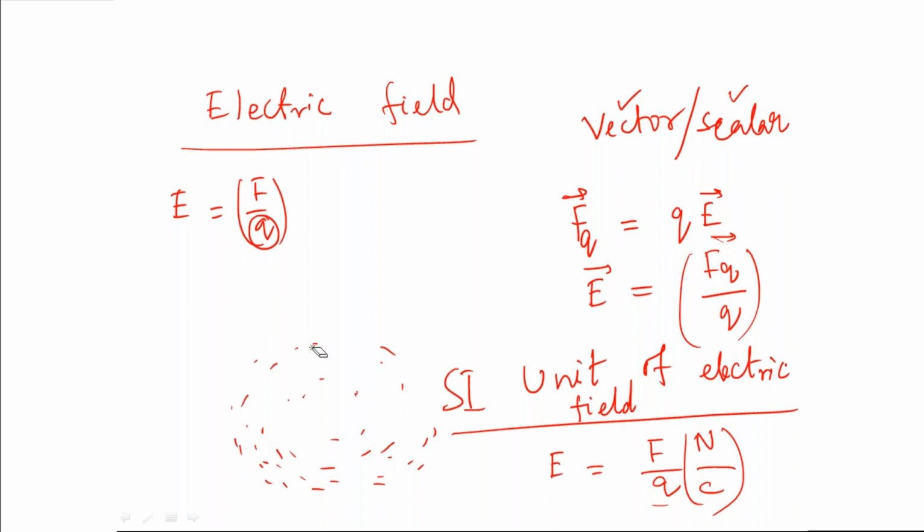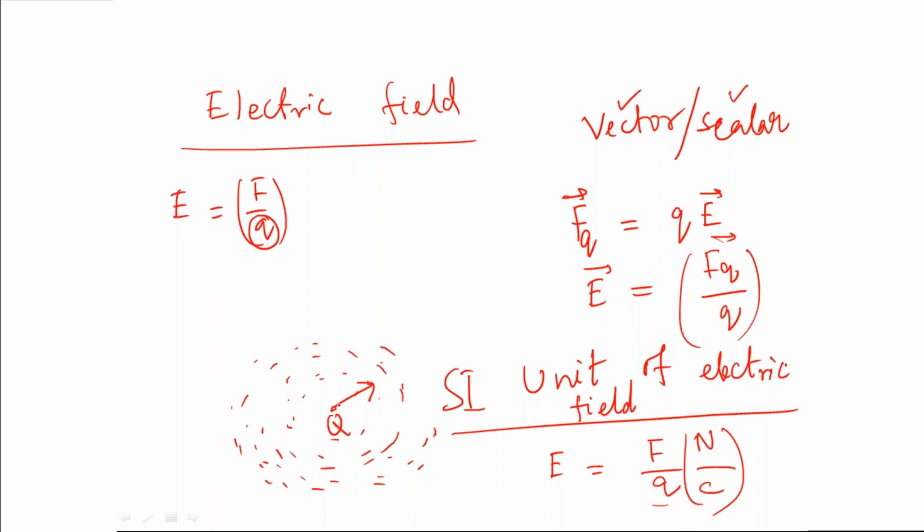And again, I told you that electric field can be a vector quantity, and that will be distributed all over the space. So that means you can understand that the electric field will have a space variation. It can vary with the space.